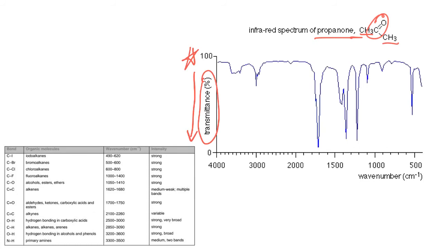So anything that comes down and has almost 0 transmittance means that it is absorbing almost all of that infrared radiation that is going through that sample.